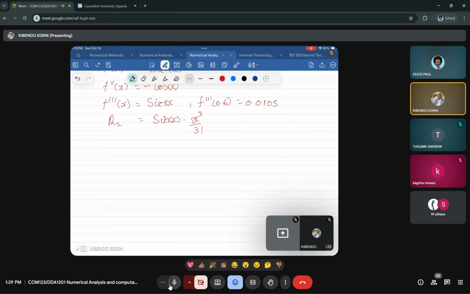You put the magnitude of x cubed over 3 factorial in the magnitude. And also the sine sign.